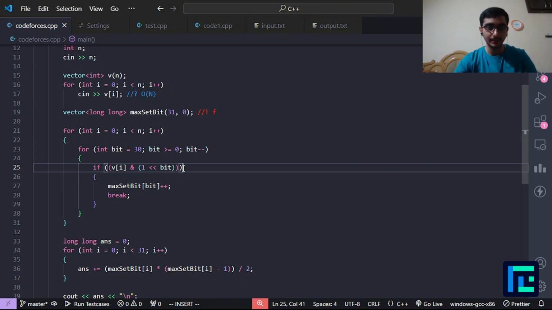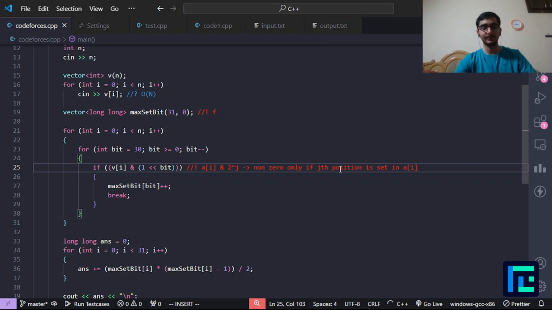And again, as I said, this value is the same as A[i] bitwise AND with 2 power bit. So it returns a non-zero value only if the bit position, or if I replace bit with j so it is better understood, only if the jth position is set in A[i].